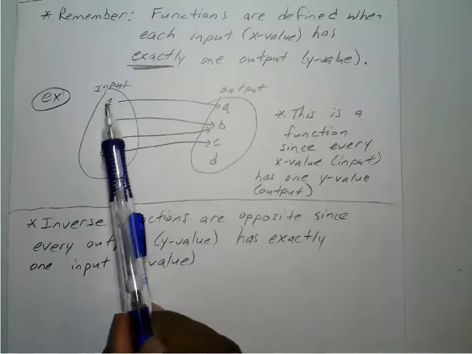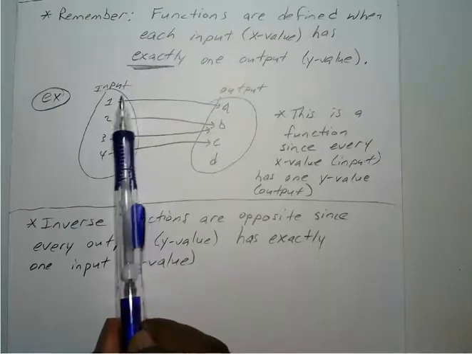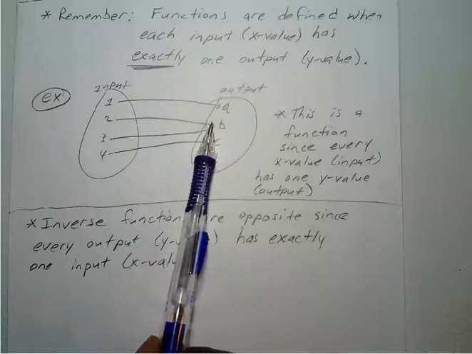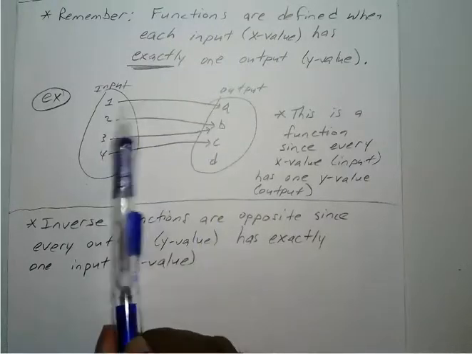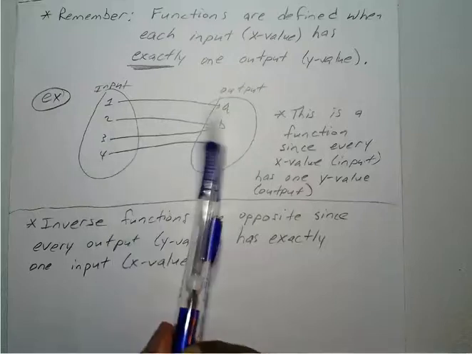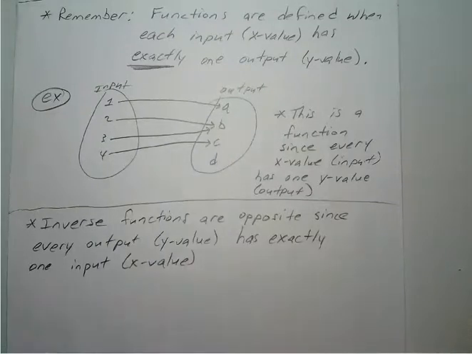Here you have the input going to the output. For an inverse function, you're going to have the output going the other way, from right to left instead of left to right.